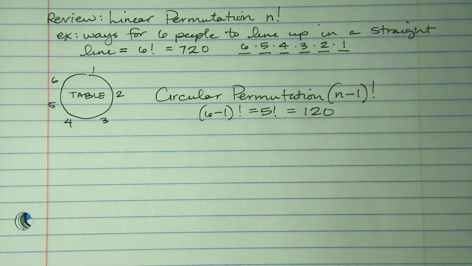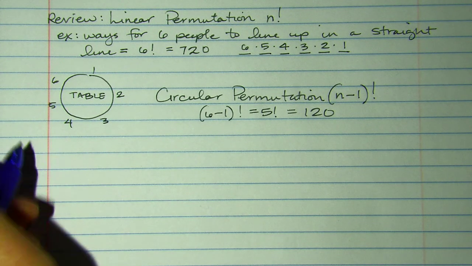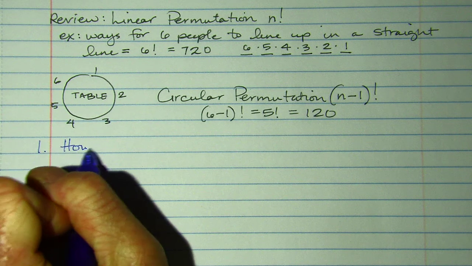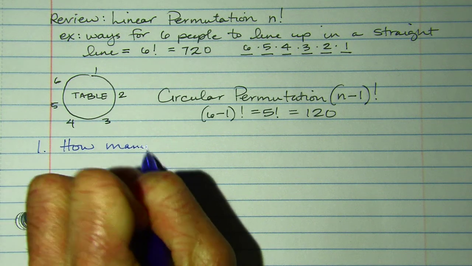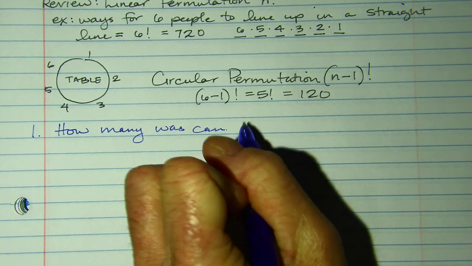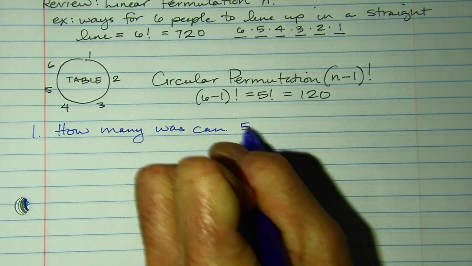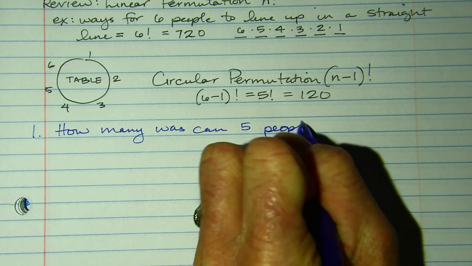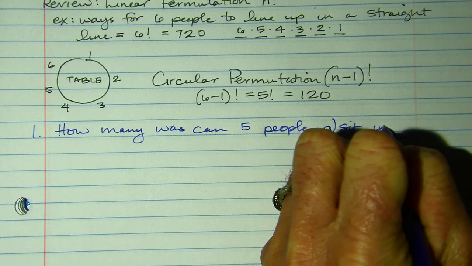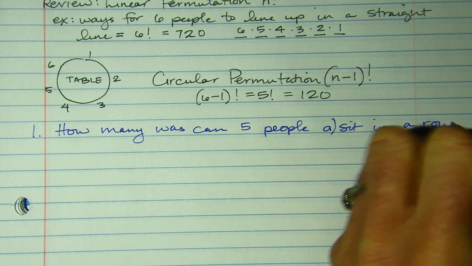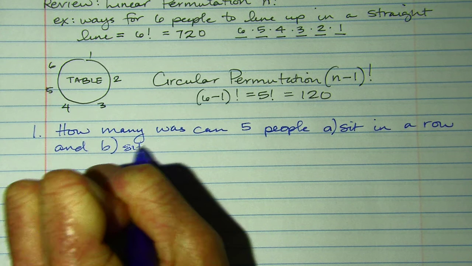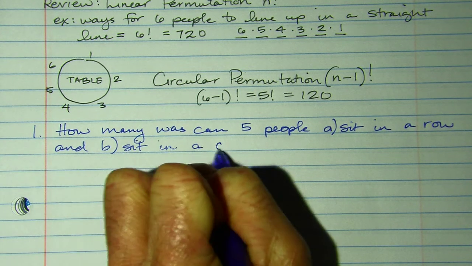These are like the ones in your homework. So example number 1, how many ways can 5 people A sit in a row and B sit in a circle?